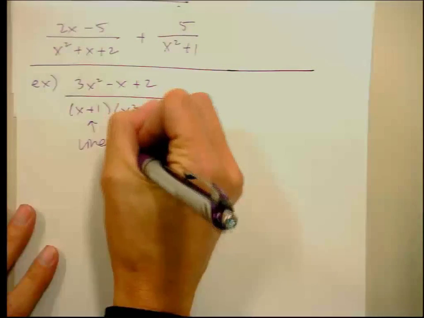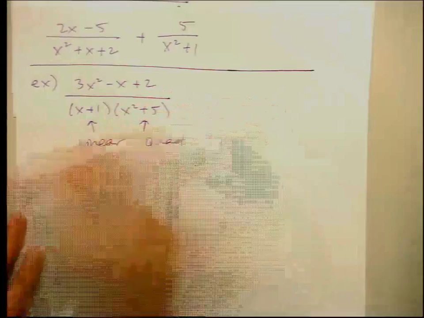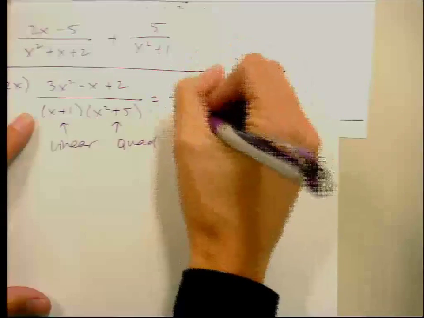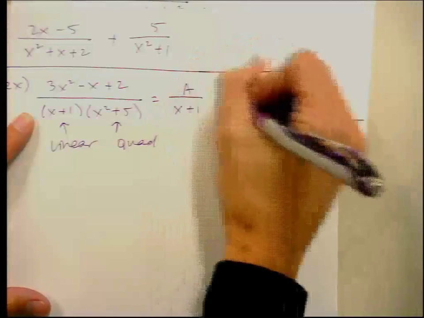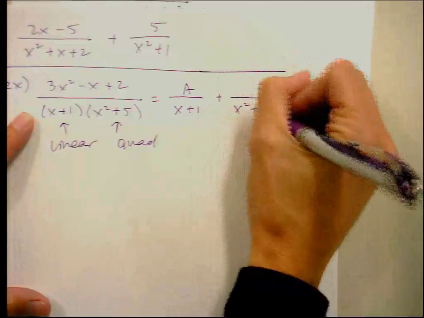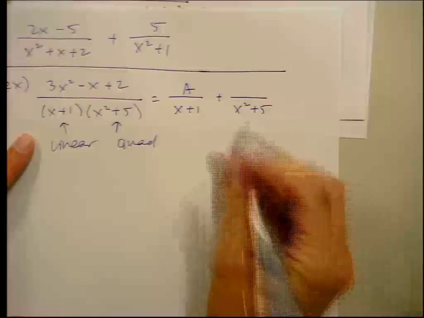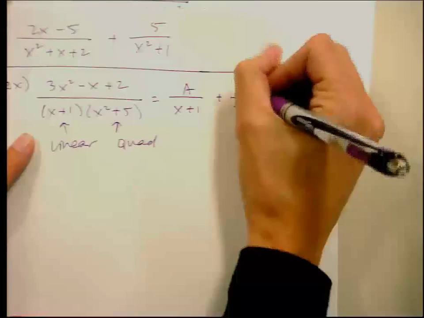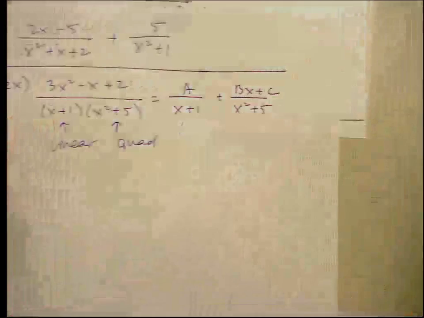Okay, linear, quadratic. I'm going to go ahead and write the template, so hopefully I already hit pause. x plus 1 is linear, so I get an A there. x squared plus 5 is quadratic, so I need a linear in my numerator, bx plus c.